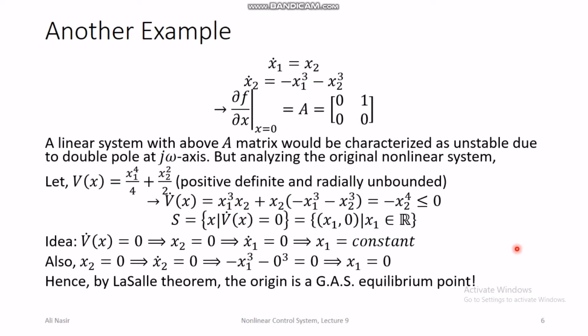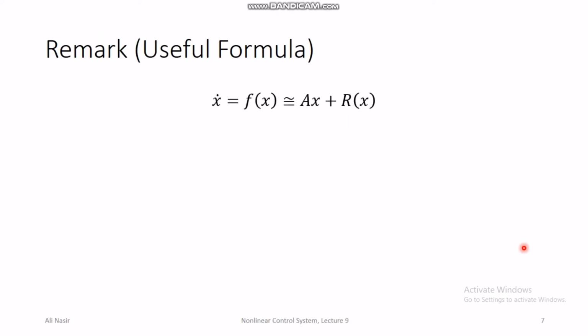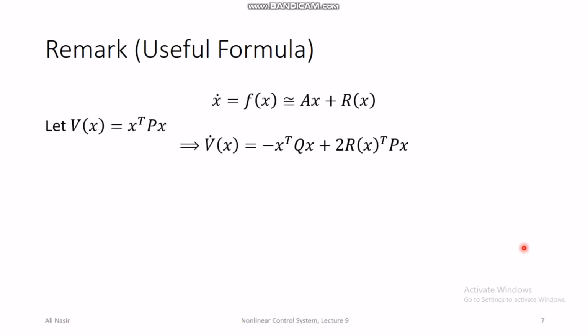And then we looked at the approximation part that we generally leave out while approximating nonlinear systems as linear ones. So when you try to approximate f of x as Ax, what you ignore is r of x.